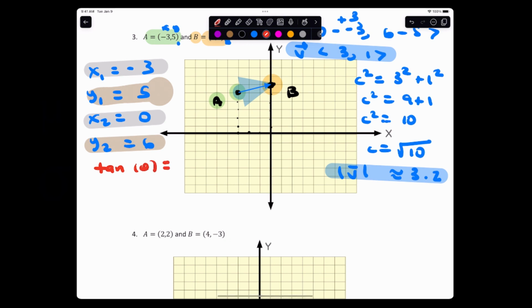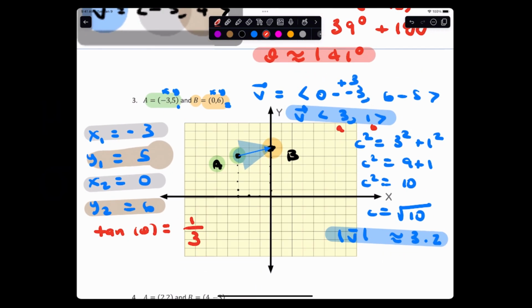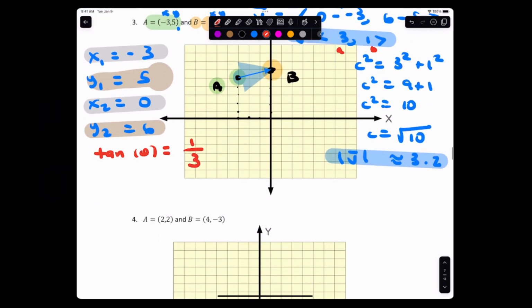Tangent theta, what's the ratio? It'll be 1 over 3. Is that right? Because remember, this is A and B. So tangent theta is 1/3. Theta is going to be what? Inverse tangent of 1/3.